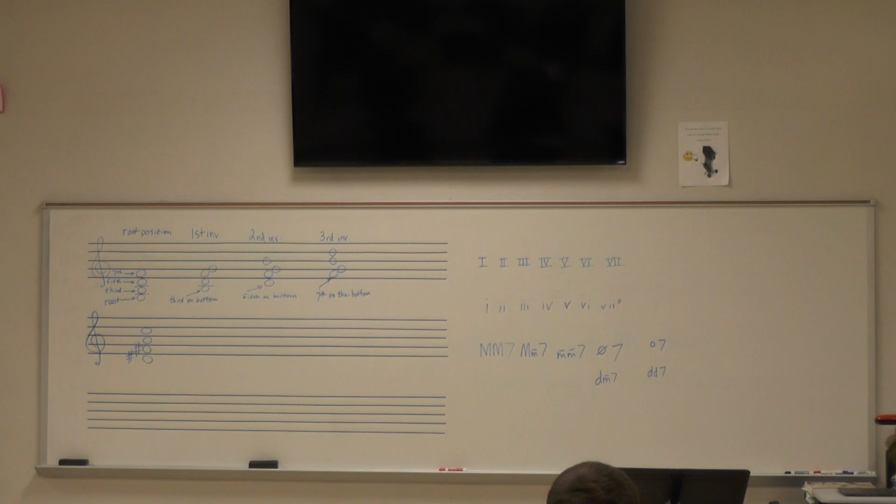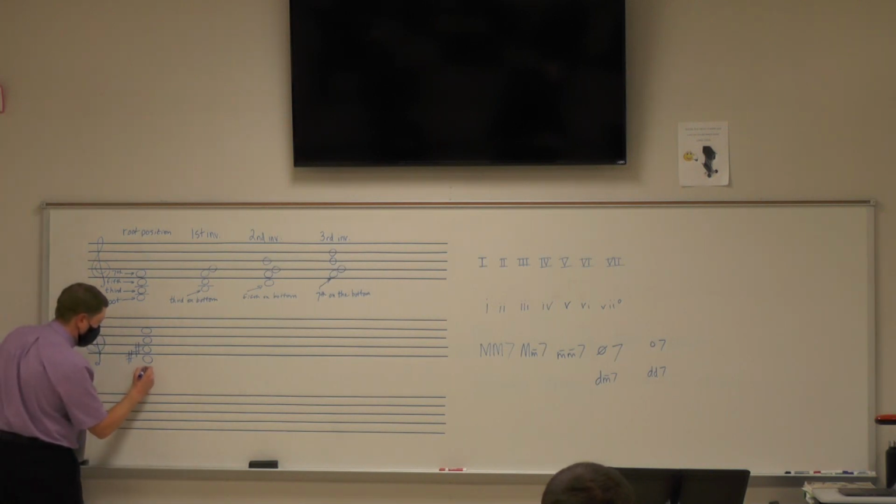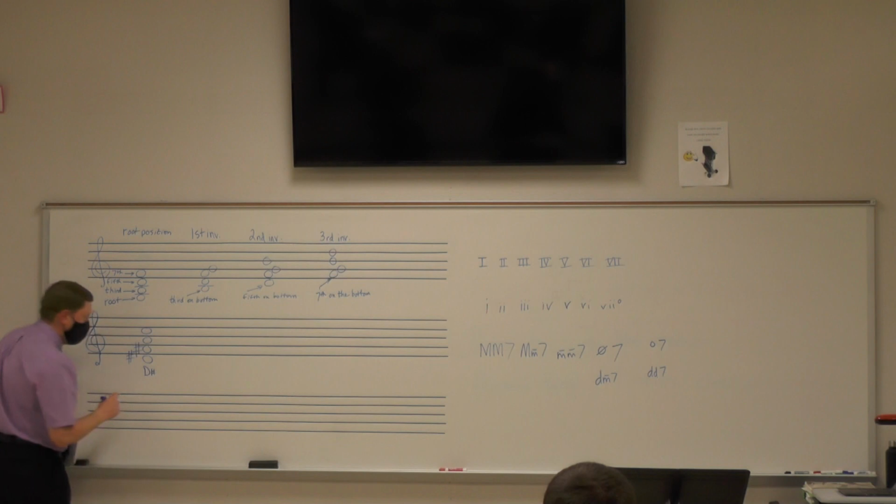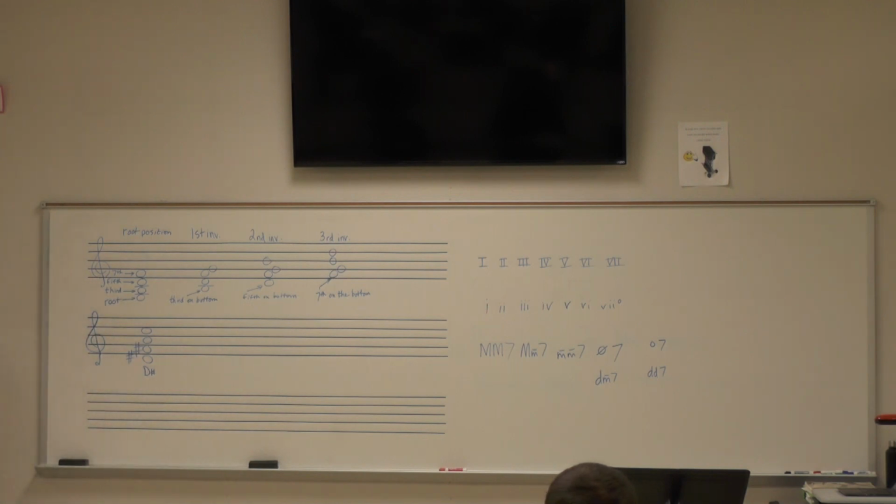So looking at that arrangement, well, what's the root? D sharp, right? The lowest note, because it's stacked in thirds. So D sharp is the root. Can anyone tell me what type of 7th chord? Yeah, you're right, because the triad is diminished.